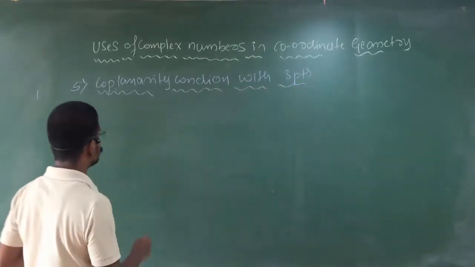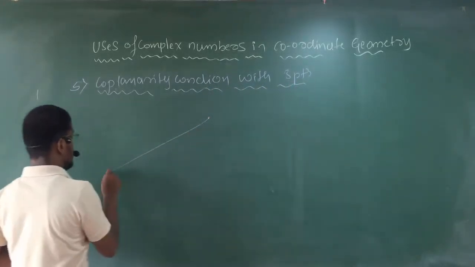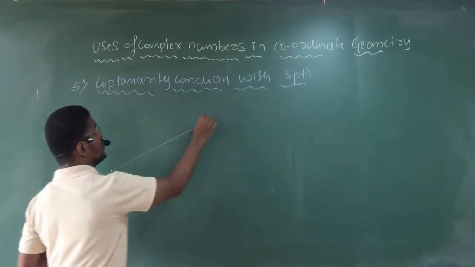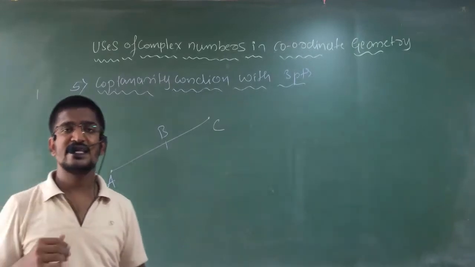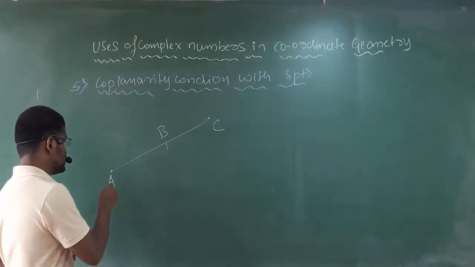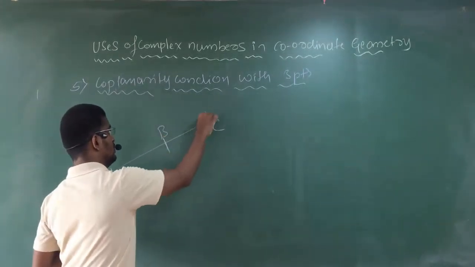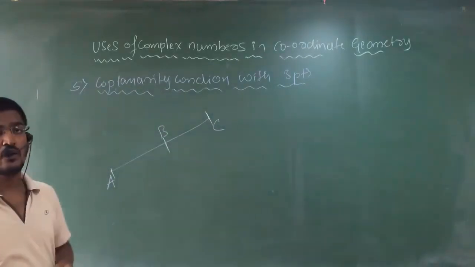That is, point A, point C and point B are on the same line. Now I want to show that these 3 points are coplanar.